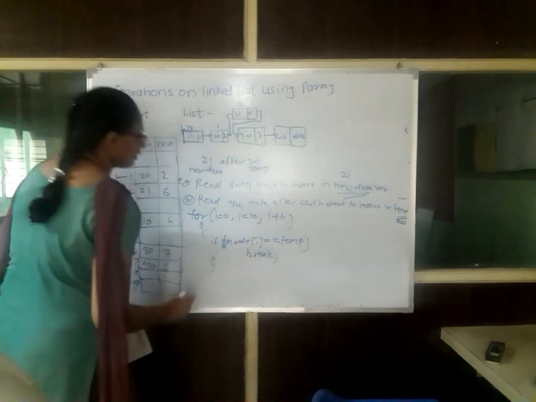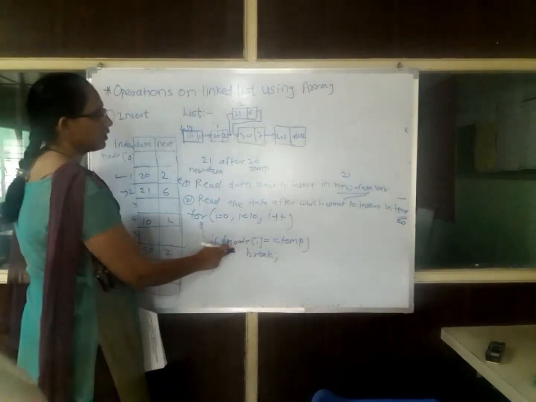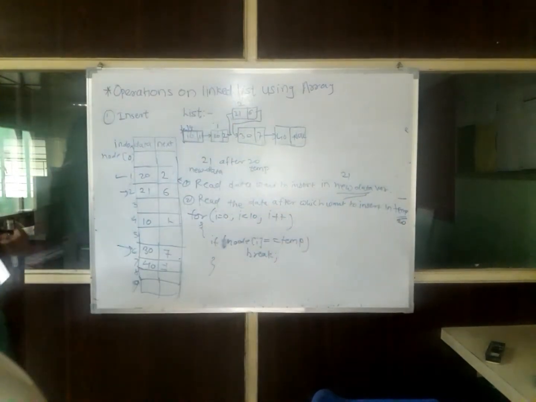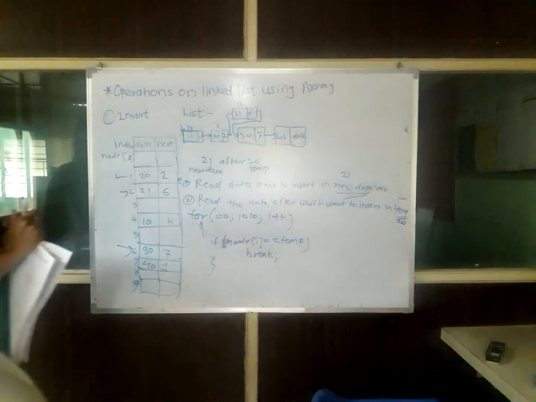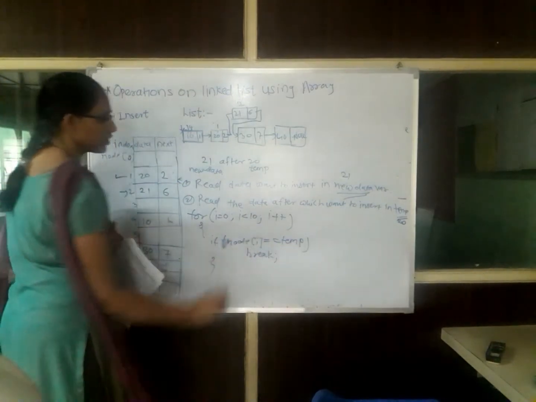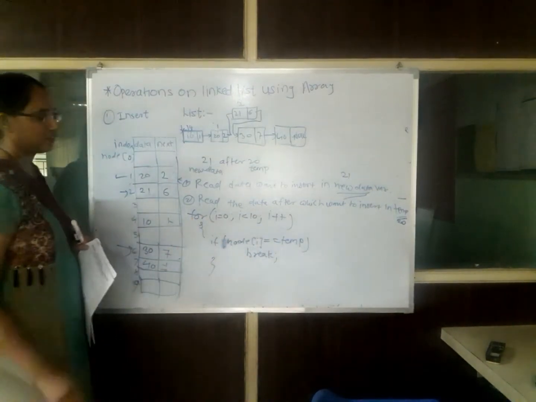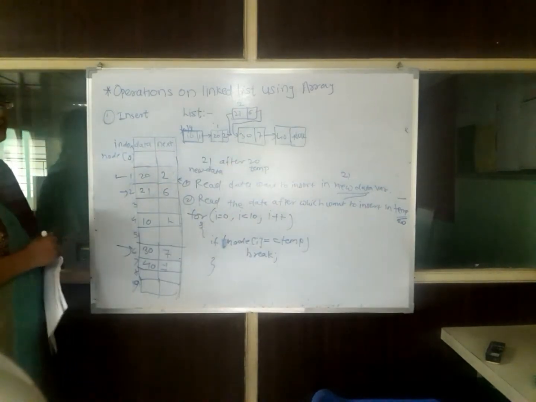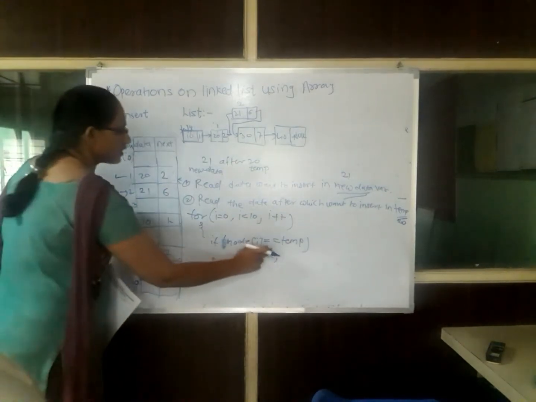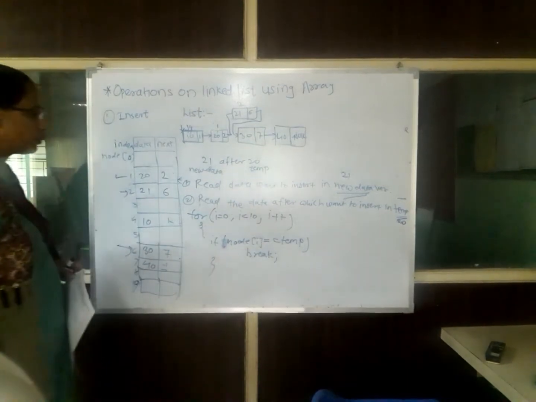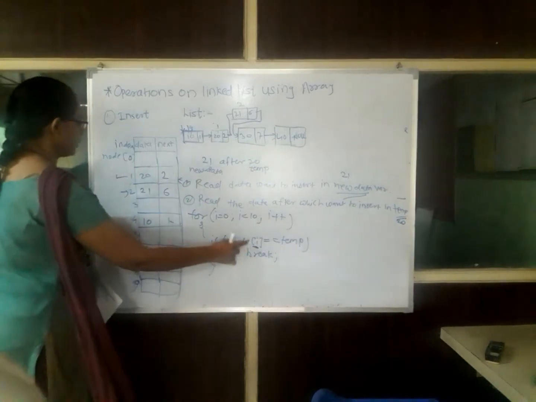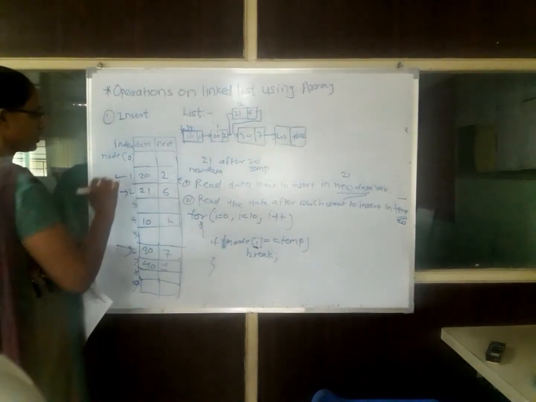You have to find the node which is equal to the data after which you want to insert. If this condition is true, we will stop here. If it is not true, it will check every location. Once this condition becomes true, we get the ith location, after which you want to insert.